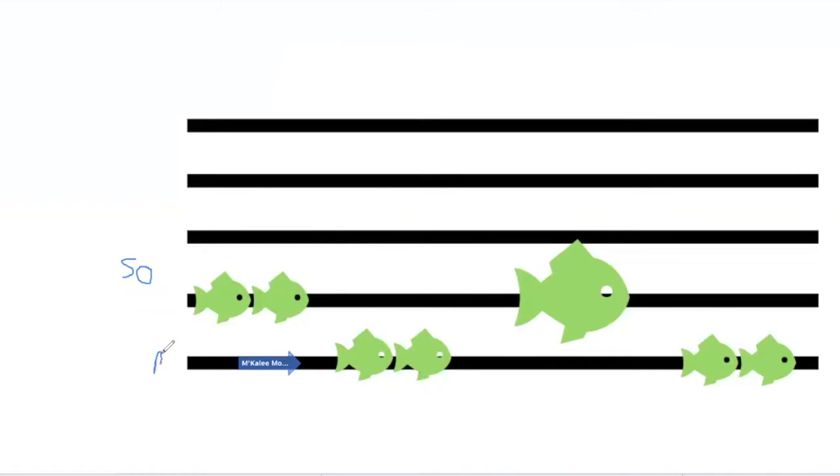Okay, and those are called solfege syllables, and we have a whole bunch of those, but today we're just working with so and me. So sounds like this, so, and it has its own hand sign, and me sounds like this, me, and it has its own hand sign too, okay? So not only do we have the rhythm of TT and Ta, we also have so and me, okay?